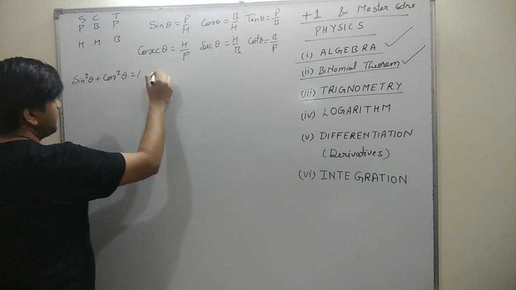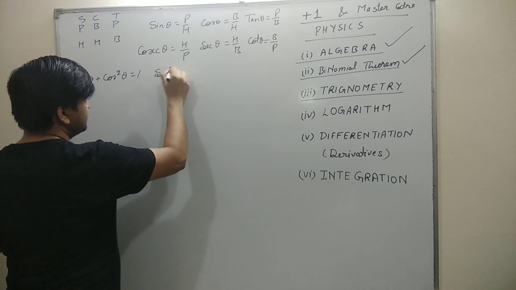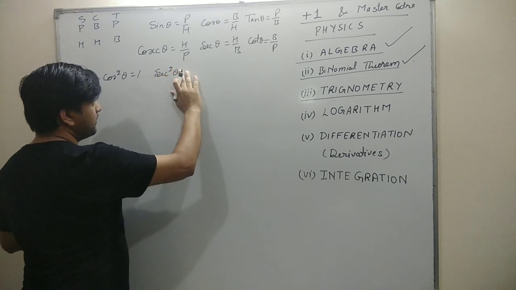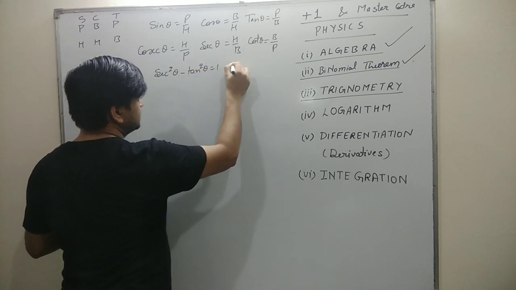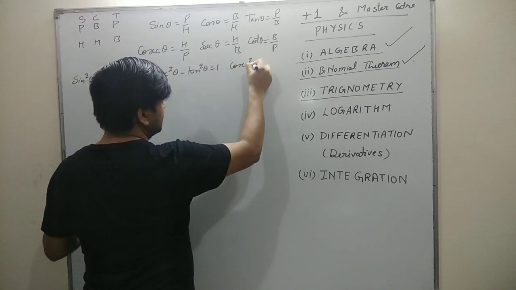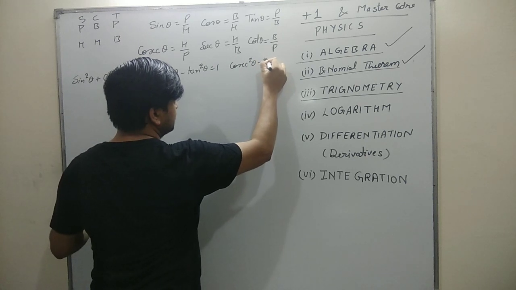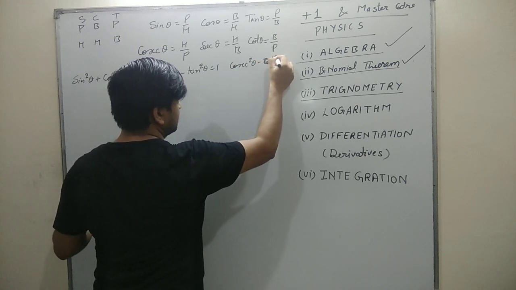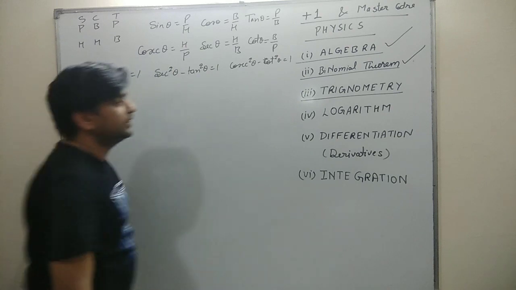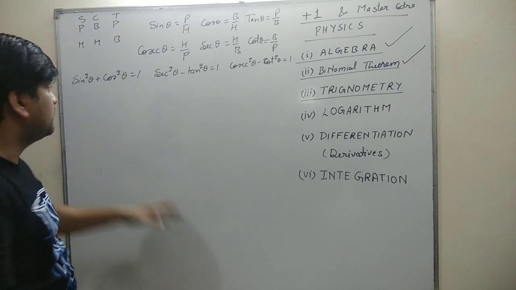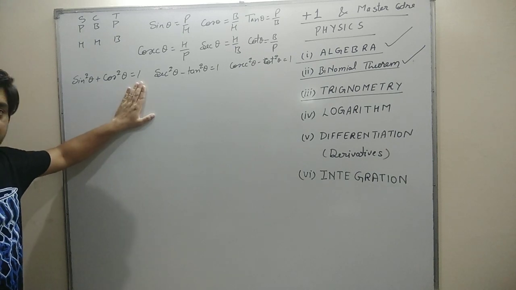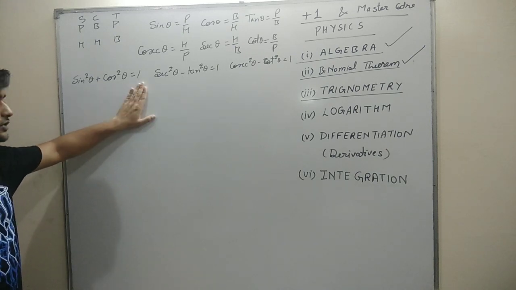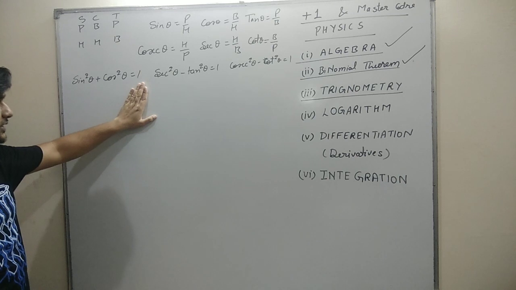Then we have some relations between them. Secant square theta minus tan square theta is 1, and cosecant square theta minus cot square theta is 1. You can make more formulas from this, like sin square theta is equal to 1 minus cos square theta, and cos square theta is equal to 1 minus sin square theta.